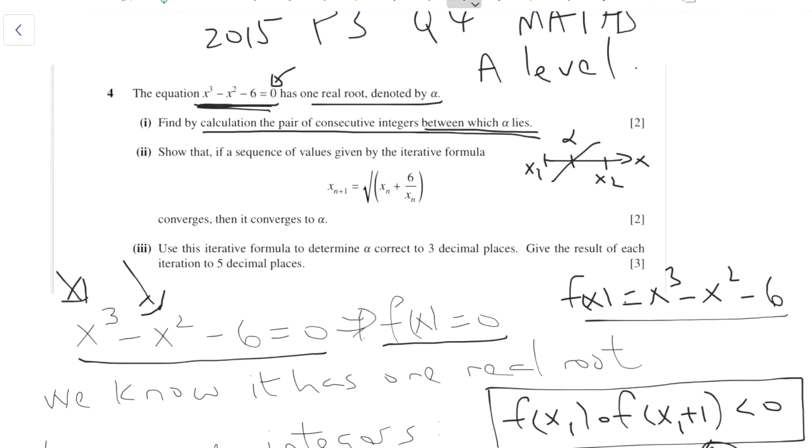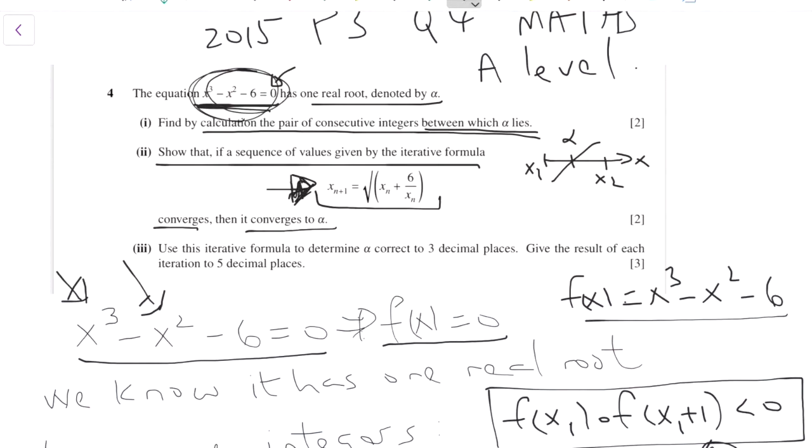Very easy. So the second part is: show that if a sequence of values given by the iterative formula shown here converges, then it converges to alpha. Essentially they're asking us to either show that this equation solves our problem, or do the reverse and obtain this equation from our problem.